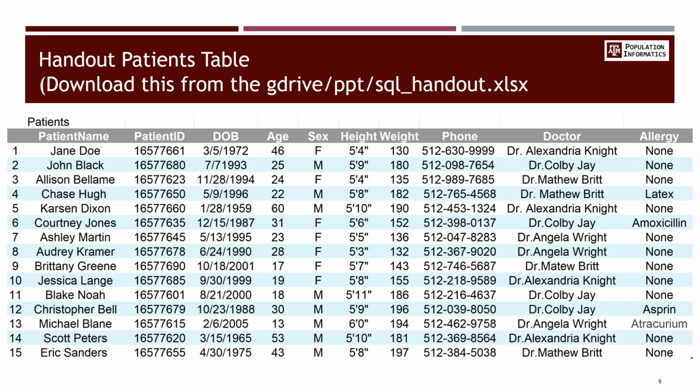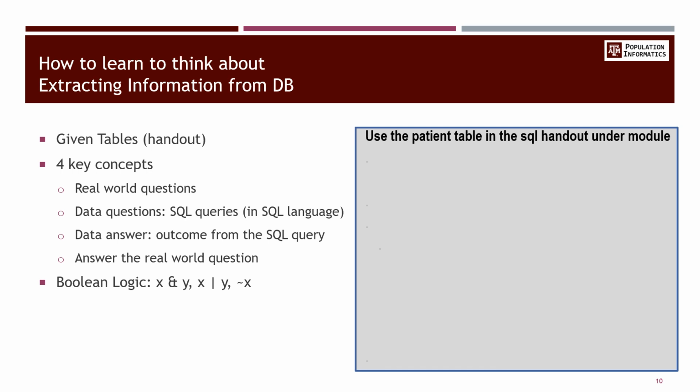Now, let's see how to ask questions and get answers using a very simple example. Here is a patient table in the database. You may want to print this and the visit table out so you can look at it as we go through the steps in the following slides. Given the patient table, first, the real-world question we want to ask is how many pediatric patients do we have?